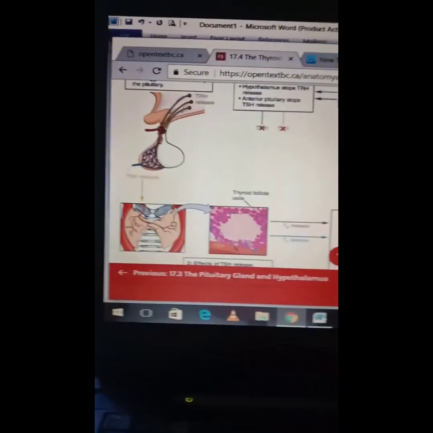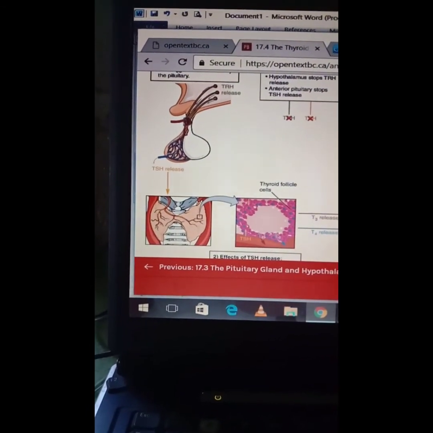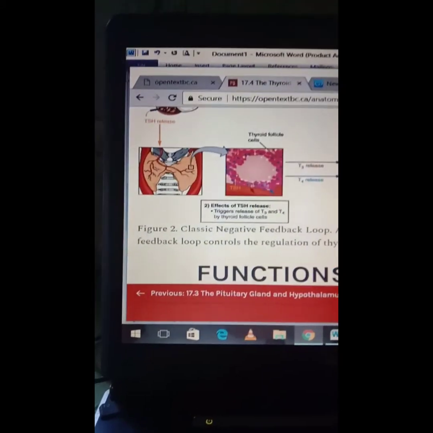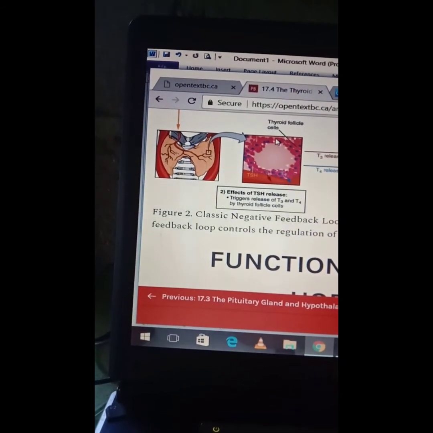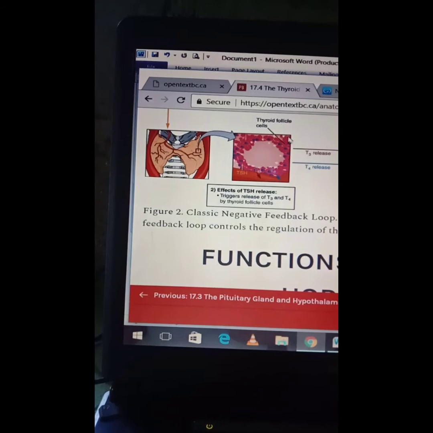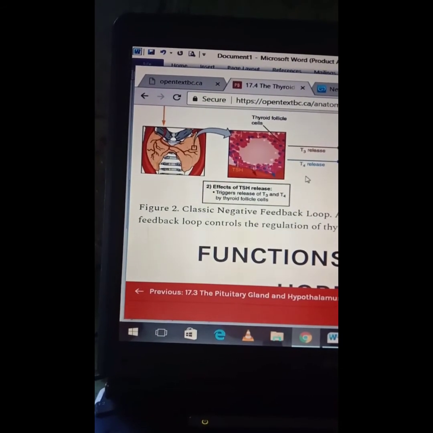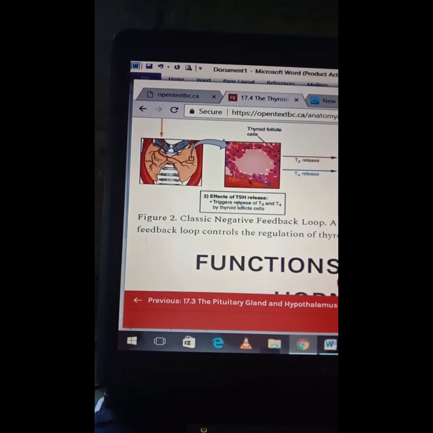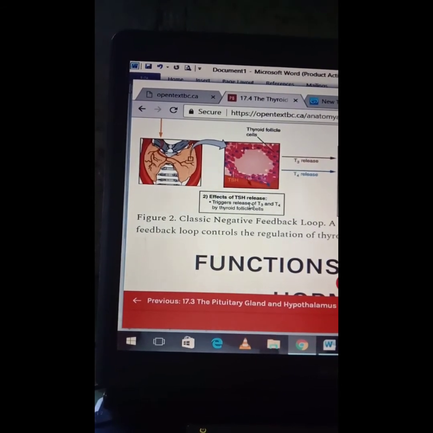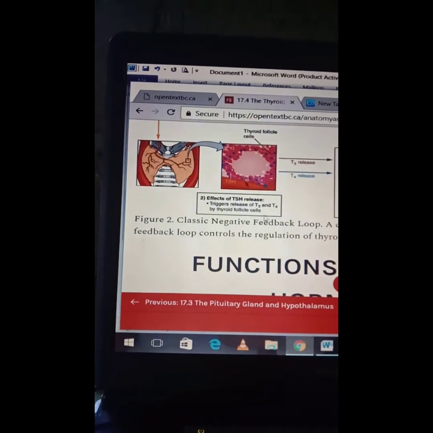After that, we need to proceed to TSH release. This is the TSH release, and then the thyroid follicle cells, T3 release and T4 release. Effects of TSH release: triggers release of T3 and T4 by thyroid follicle cells.